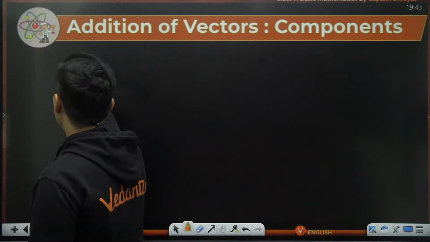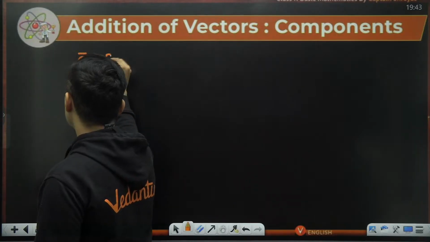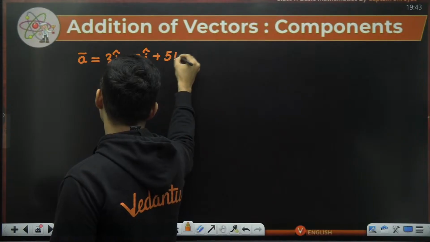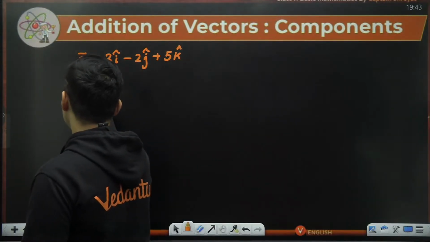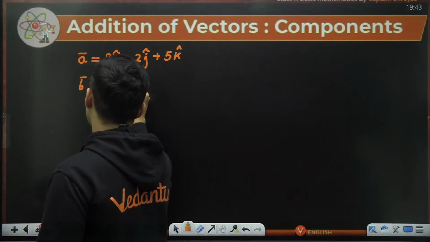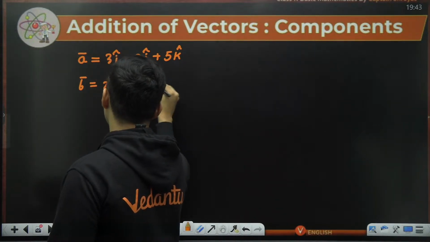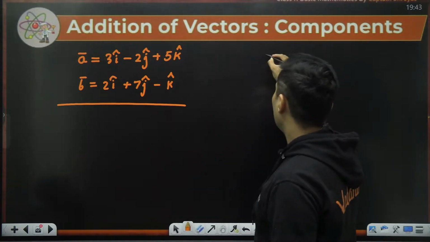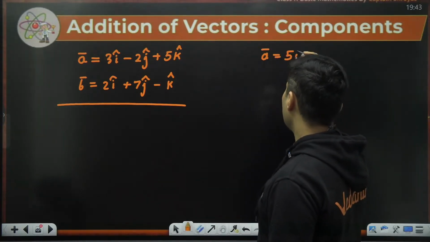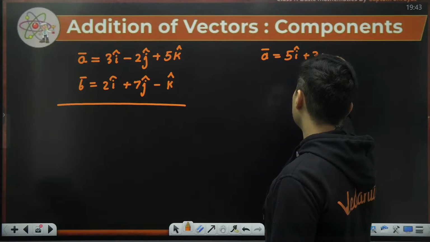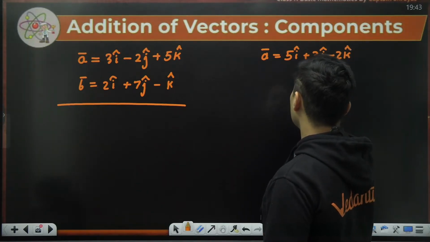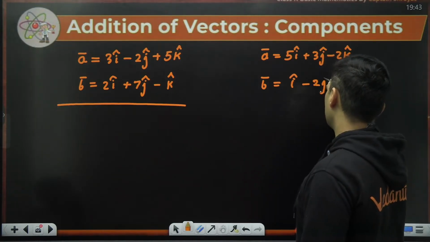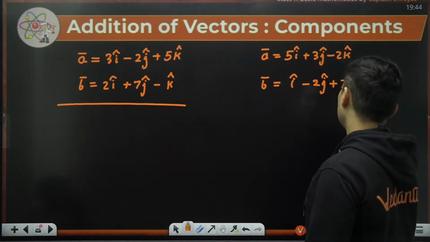Say for example, I tell you vector A is 3i cap minus 2j cap plus 5k cap, and vector B is equal to 2i cap plus 7j cap minus k cap, and another time vector A is 5i cap plus 3j cap minus 2k cap, and vector B is i cap minus 2j cap plus 7k cap.